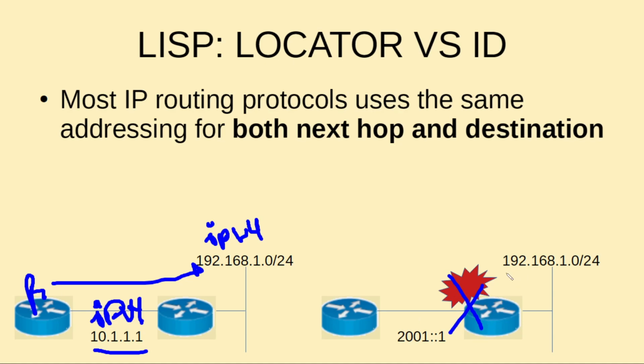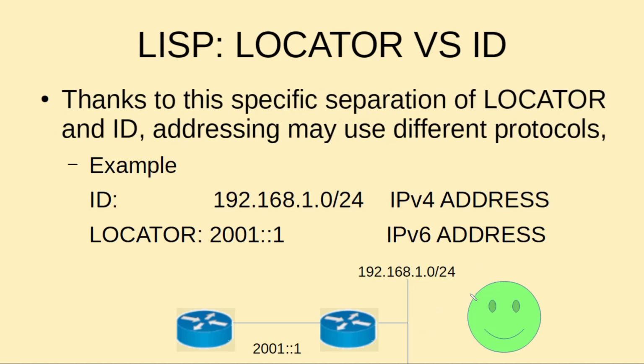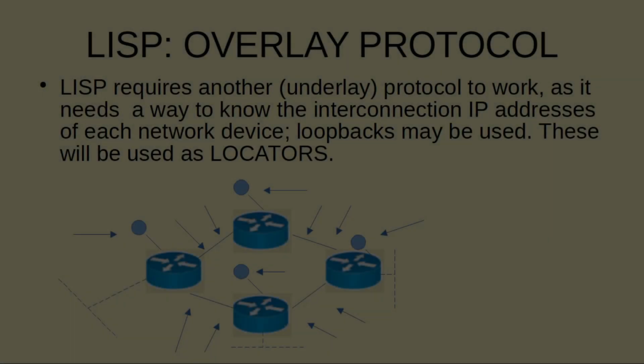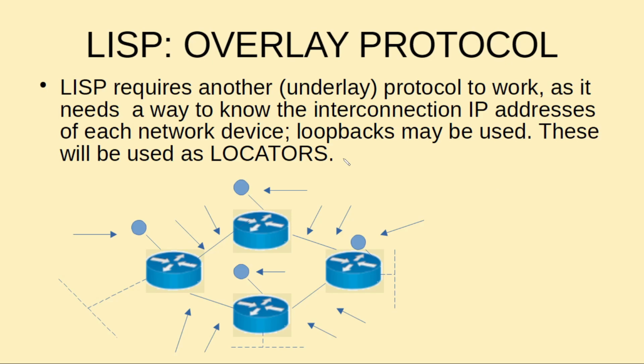If I wanted to reach an IPv4 address through an IPv6 address, that cannot be done using normal routing protocols. So thanks to this specific separation of location addressing and ID addressing, we may use different protocols. So with LISP, it's perfectly possible to reach an ID that has an IPv4 address through an RLOC that is actually an IPv6 address.